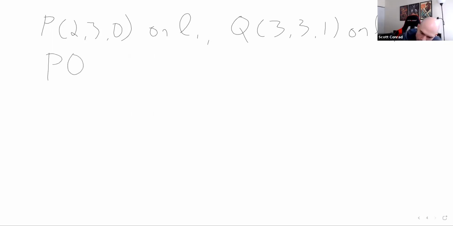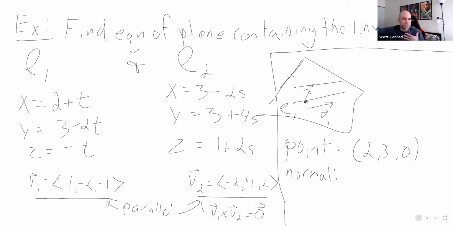And we look at the vector from P to Q. So P to Q is just 1, 3 minus 3 is 0, and 1 minus 0 is 1. So we have the vector 1, 0, 1, which is parallel to our plane.